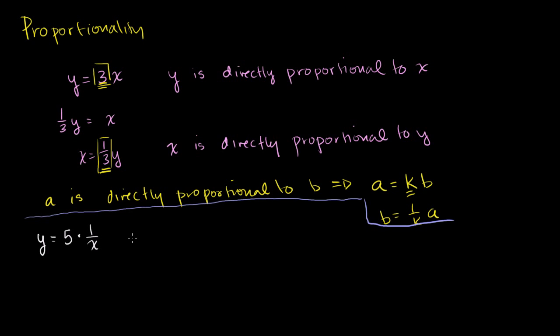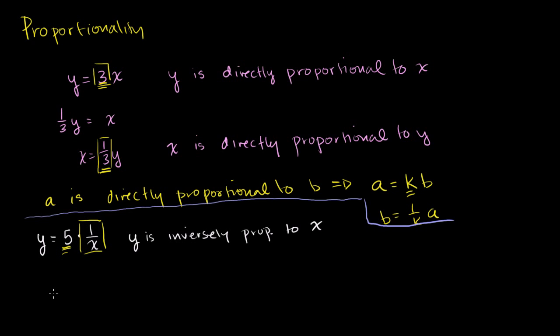Or you could say that y is inversely proportional to x. It is directly proportional to the inverse of x. So here is our proportionality constant, but it is directly proportional to the inverse of x.